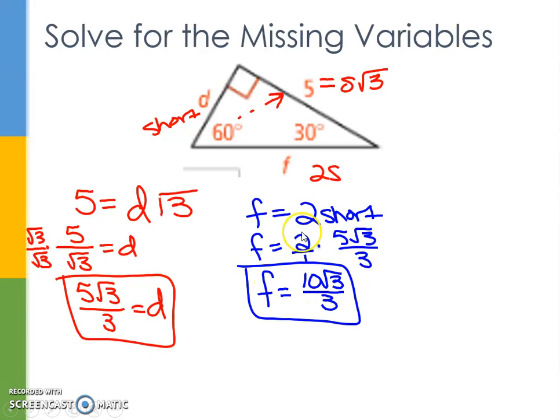When you multiply a radical by 2 and you have a denominator, you have to do 2 over 1. You cannot just multiply by 2 and that's it. You just have to remember to put 3 on the bottom. So 2 times 5 is 10, radical 3 over 3. So that's the answer. This hypotenuse is 10 radical 3 over 3. Now this radical part, we can review again in class.